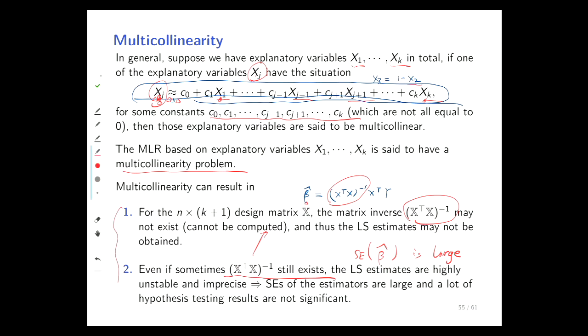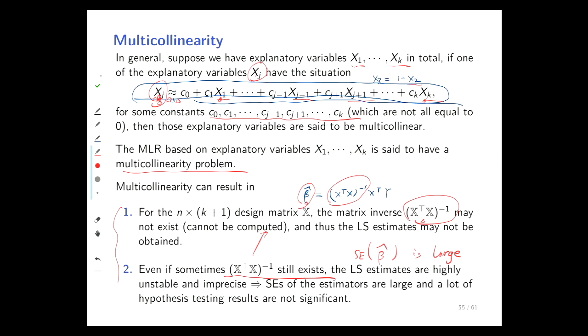The first problem is that beta hat, which is our estimation, maybe cannot be computed, because when we compute the beta hat, we need to compute some matrix inverse. But if we have the multicollinearity problem, the matrix inverse cannot be computed. That's one problem caused by multicollinearity.